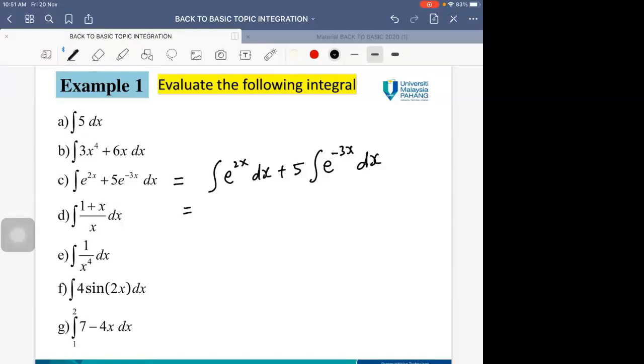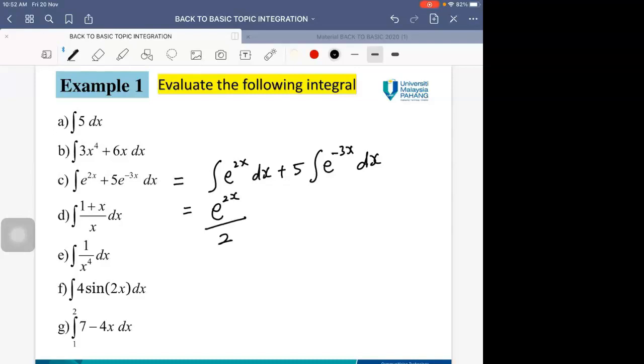Be careful, because when you do the integration, you do not multiply by the power. You must divide by the power. That is the reverse process. It means that this should be exponent 2x over 2.